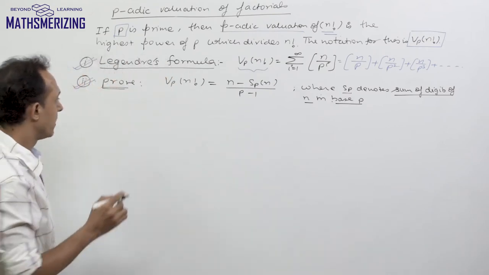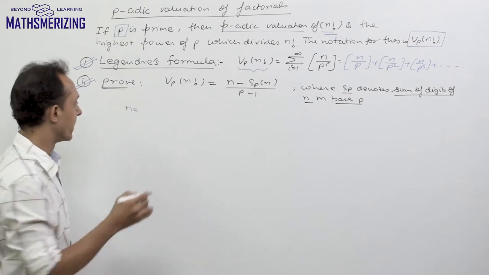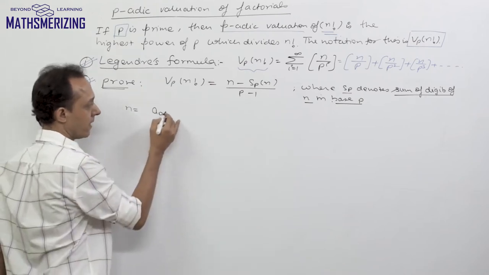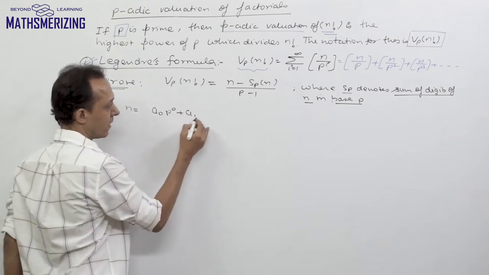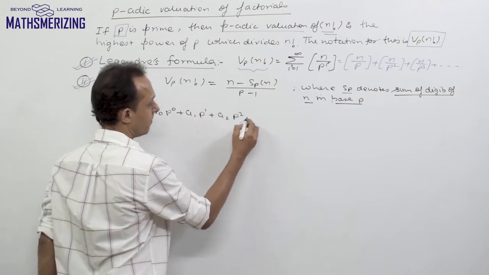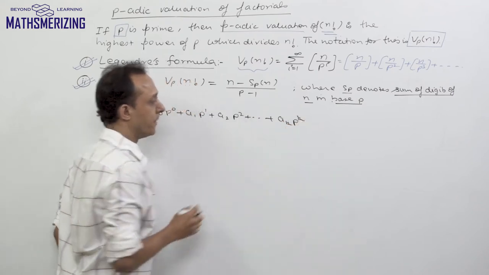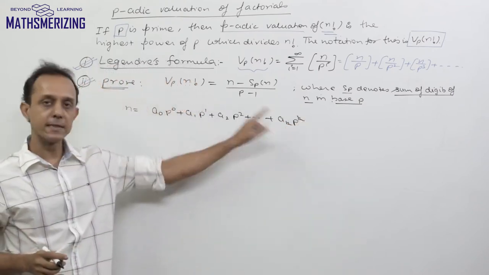So what I'll do is I'll write this n in base p. I'll write it as a0 p to the power 0, a1 p to the power 1, a2 p to the power 2, and then ak p to the power k, where the leading digit is ak.